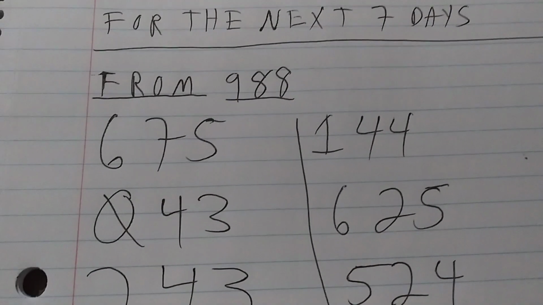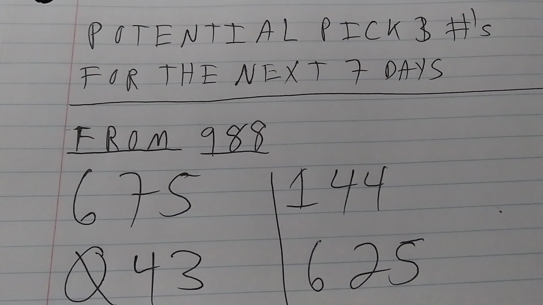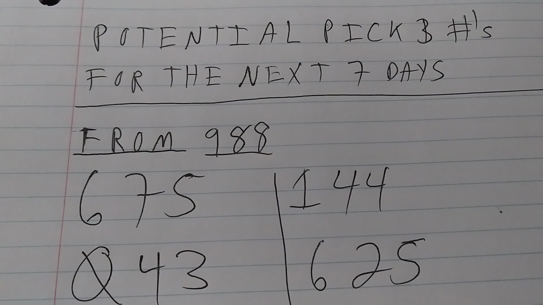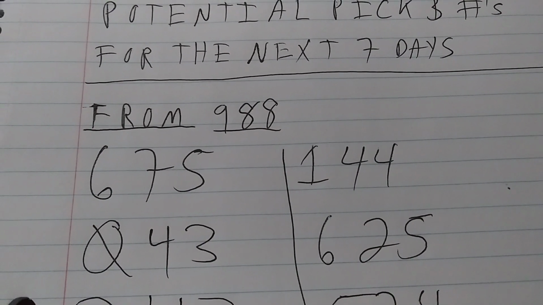All right, Kentucky. And then based on all of that, the numbers that I think will potentially hit based on what I just showed you, it's coming from the number 988 that hit today.